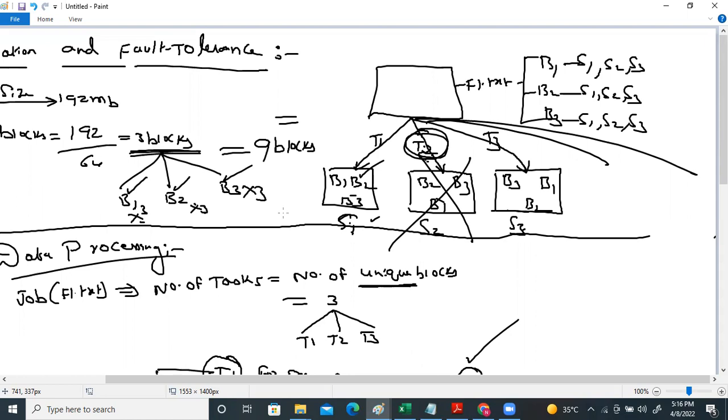Processing time will be the same. It's not going to process all the 9 blocks, only 3 blocks, right? Yes, it is trying to do 3 tasks. One of the tasks has failed.